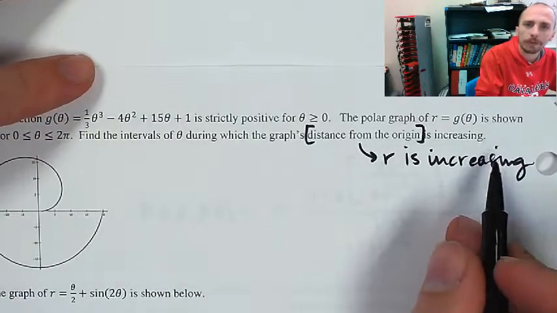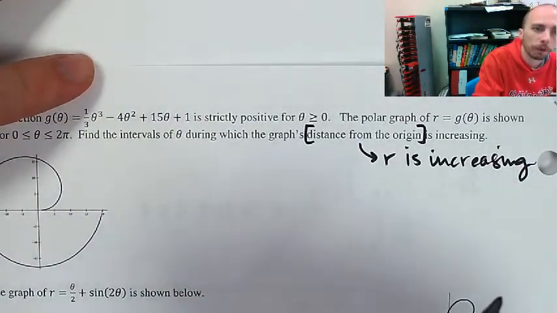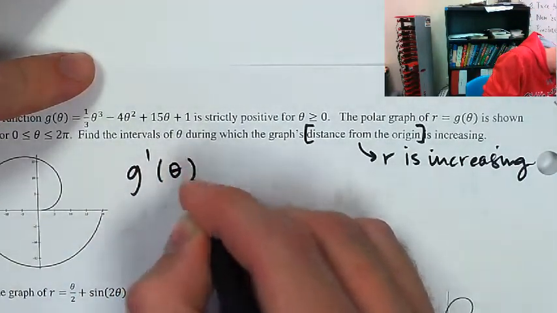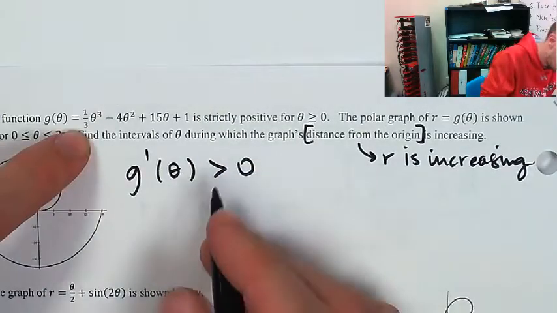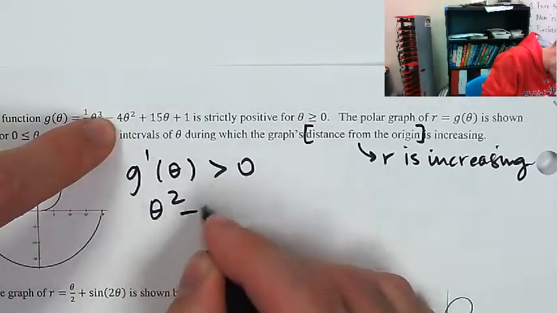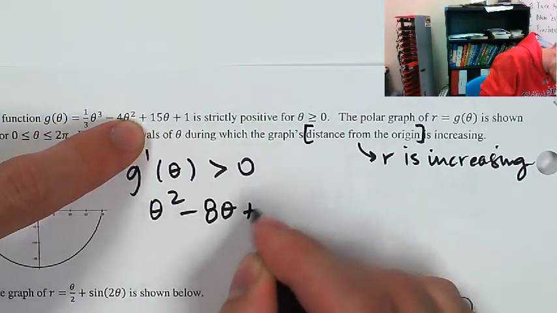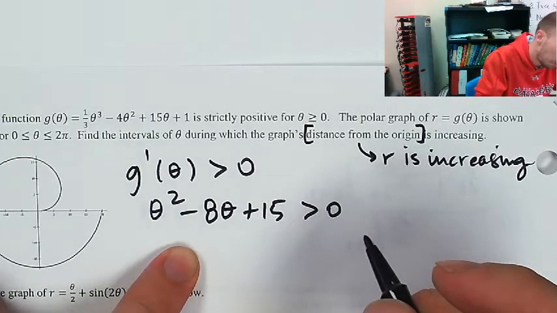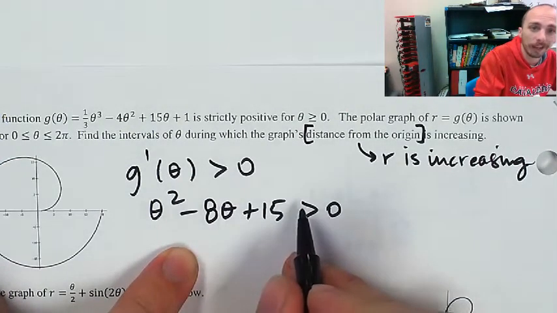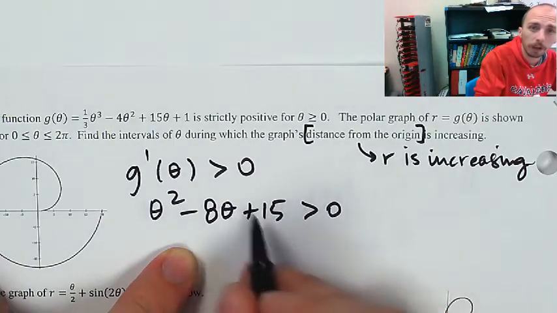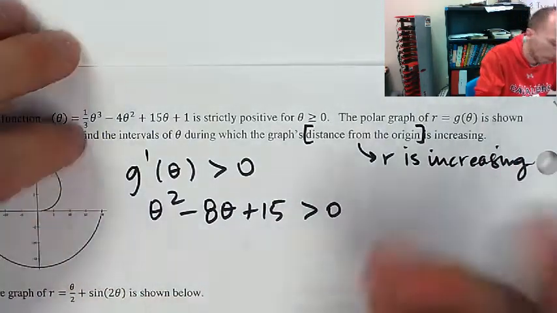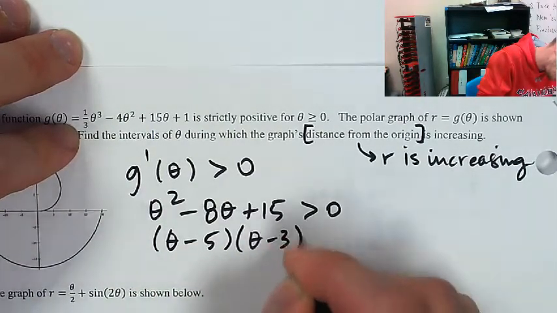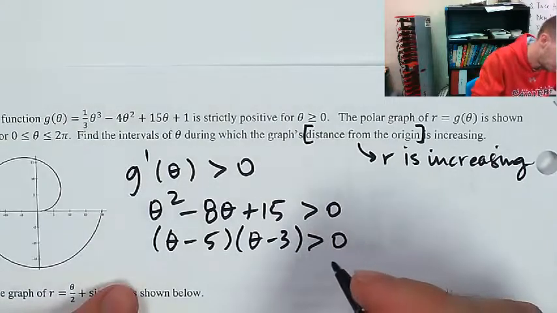Okay, so r is increasing. We know what makes a thing increasing, where its first derivative is positive. So I need g prime of theta greater than 0. So that's going to be theta squared minus 8 theta plus 15 is greater than 0. And if I were to factor that so as to draw a sketch and find where this thing is positive, I would have theta minus 5 and theta minus 3 is greater than 0.